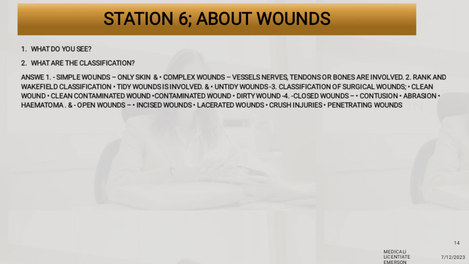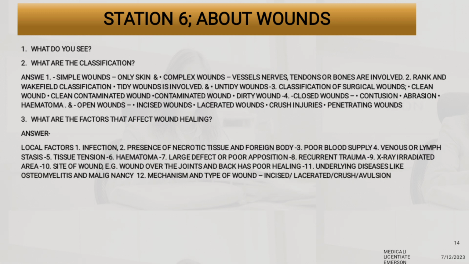What are the factors that affect wound healing? Local factors include infection, presence of necrotic tissue and foreign body, poor blood supply, venous or lymph stasis, tissue tension, hematoma, large defect or poor position, recurrent trauma, and irradiation of the area.